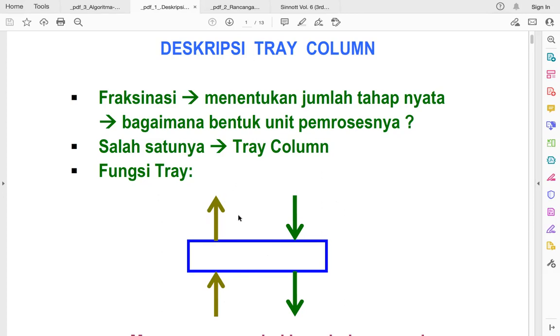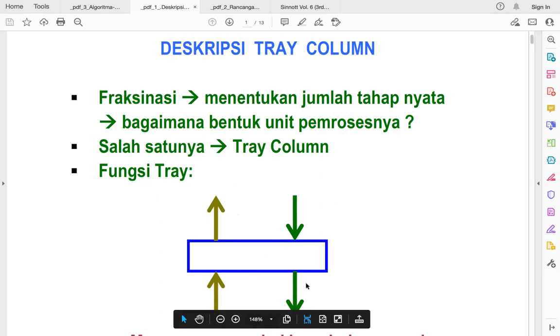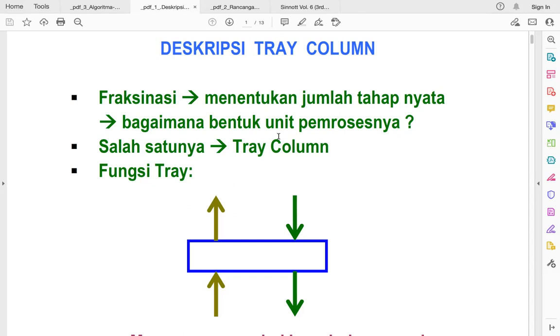This is the new vapor, and this is the new liquid phase. The contact between the liquid from the top and the vapor from the bottom can be done in a tray column or in a packed column, but for our study here, we're going to use the tray column as an example for distillation.